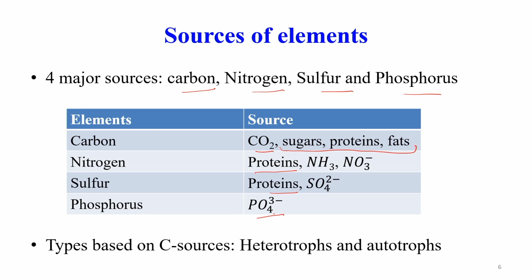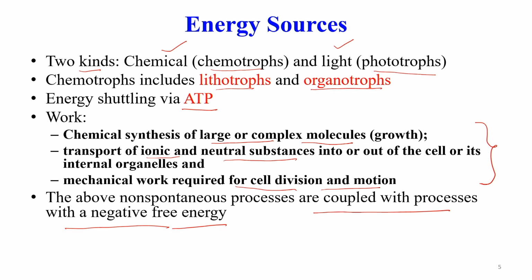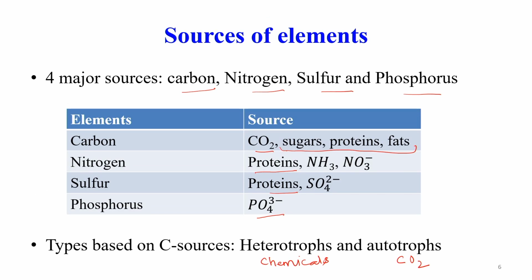Based on the carbon source, we can again classify: if the carbon source is CO2, it is called autotroph, and if it is chemicals, it is called heterotroph. So, based on the energy source, we classified chemotrophs and phototrophs, and based on the carbon source, we classify heterotrophs and autotrophs.